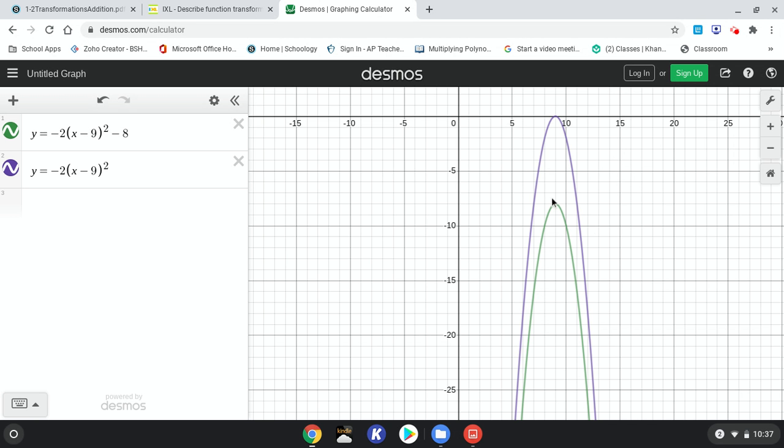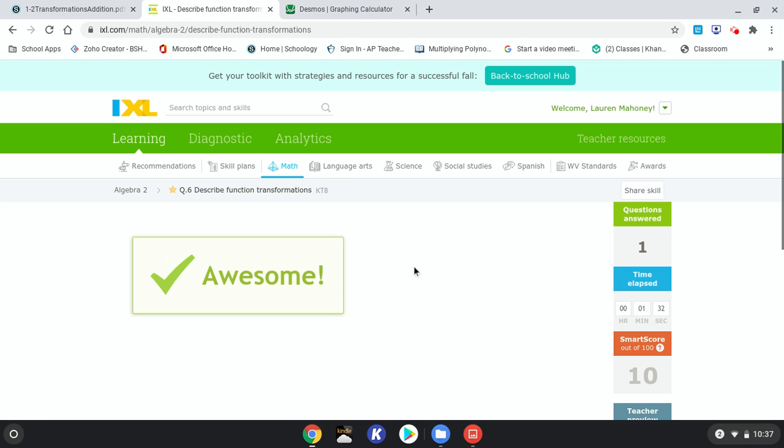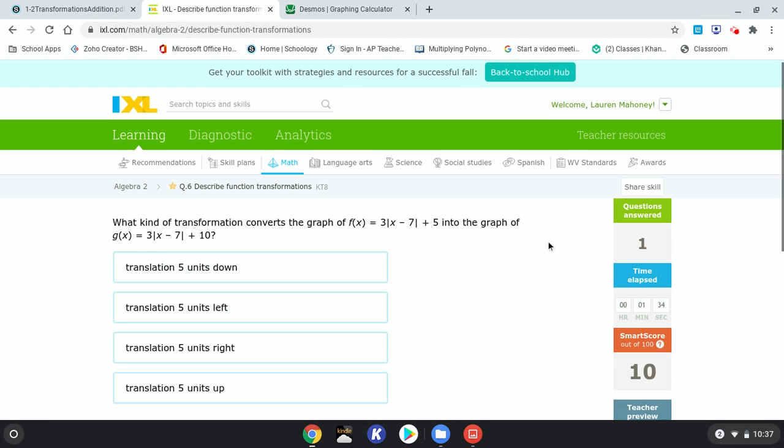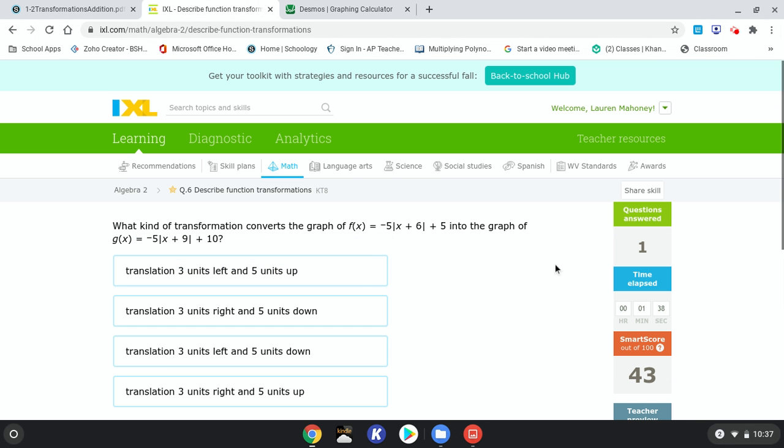And then my other one is y equals -2 times x minus 9 squared. And you can see here, here's this one, here's the new one. All I'm doing is taking the green function, and notice you have colors out here on the side, so it tells you which one is which. You're taking this and you're moving it up 8 units, and so that would be our solution for that one.